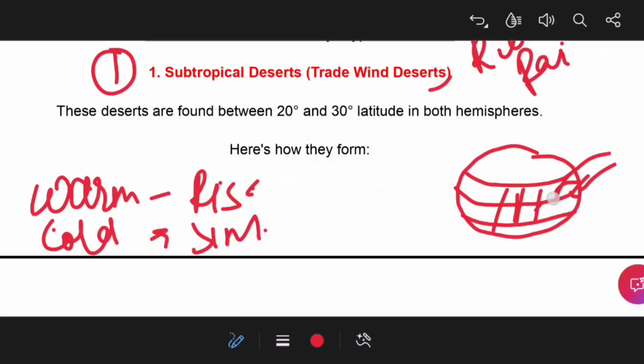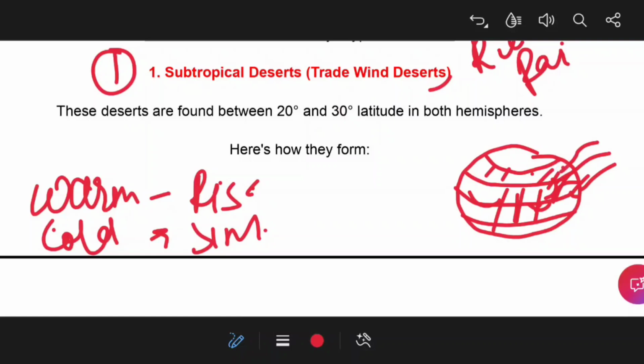So cold air will sink in the tropics, and warm air will rise and move to the next level, that is the subtropical level. But when they move from the tropics to a higher level, ultimately they will lose their heating capacity or warming capacity, and eventually cold air will sink down.